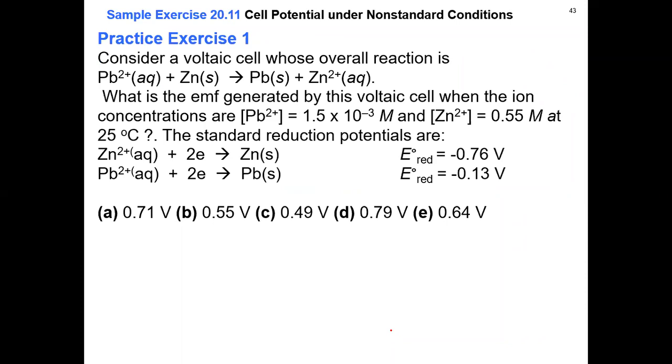So this practice is, let's say you have this equation, and you can see the concentrations for the reactants and the products are not 1.0. If they were 1.0, that's standard. So clearly, this reaction is happening at non-standard conditions. Then what will be the cell potential?